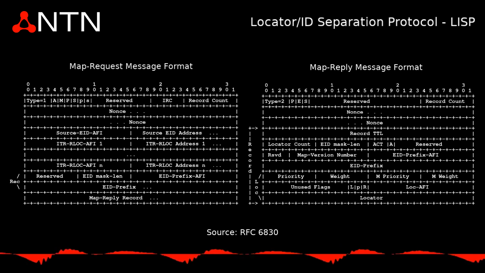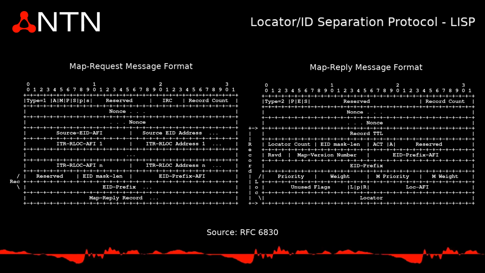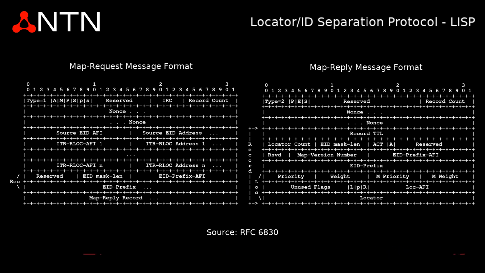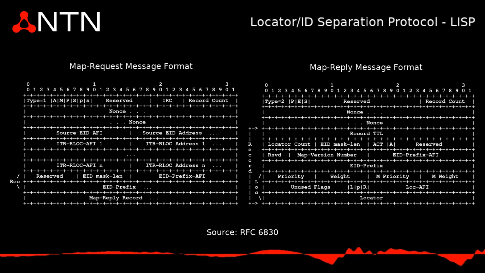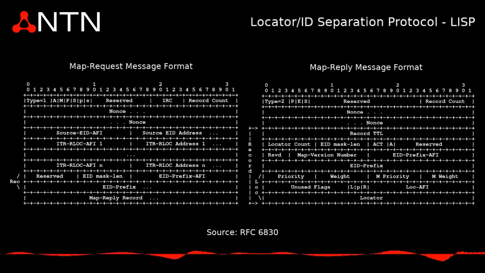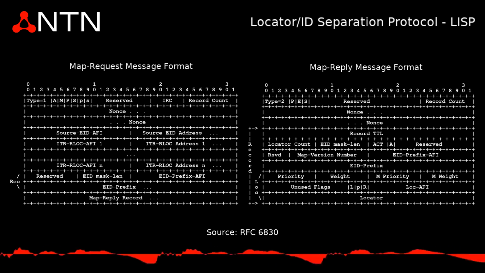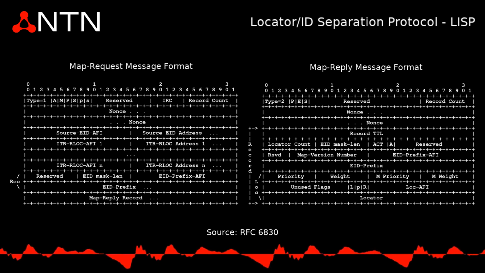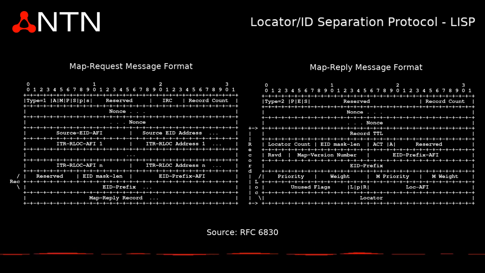RFC 6833 provides definitions for map resolvers and map servers. Map resolvers proxy map requests sent from ITRs and maintain a local EID to RLOC database. Map servers learn EID to RLOC mappings from authoritative ETRs and publish them to their EID to RLOC database.